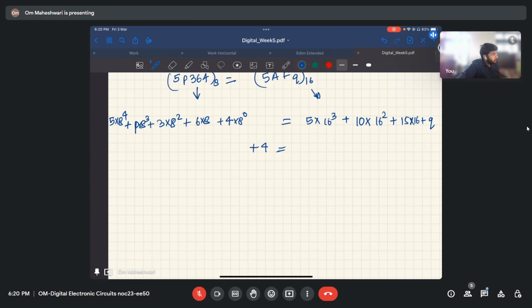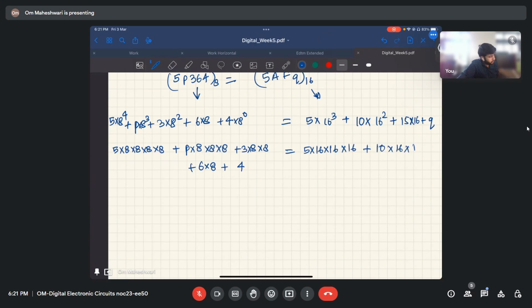I can write it as 5 into 8 into 8 into 8 into 8 plus P into 8 into 8 into 8 plus 3 into 8 into 8 plus 6 into 8 plus 4 equals 5 into 16 into 16 into 16 plus 10 into 16 into 16 plus 15 into 16 plus Q.